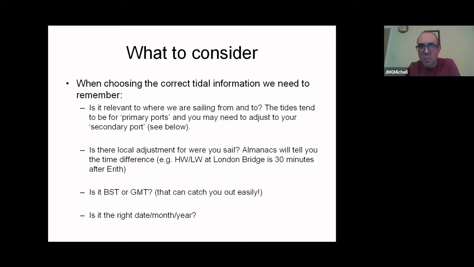They can vary because I think they use different algorithms to come up with what they think the tidal predictions are going to be. If you go on to somewhere like Windfinder, you'll find that their tidal times are different to the PLA because they use a slightly different algorithm.